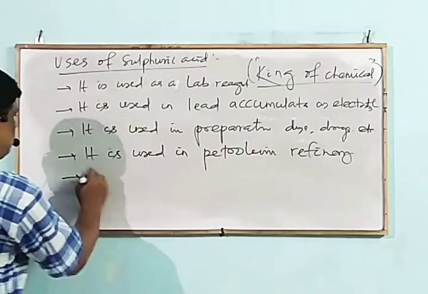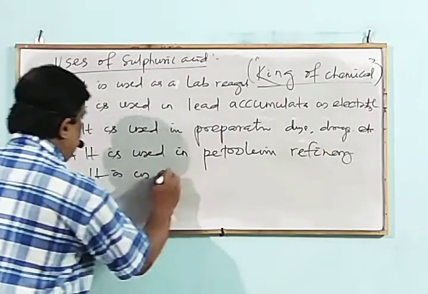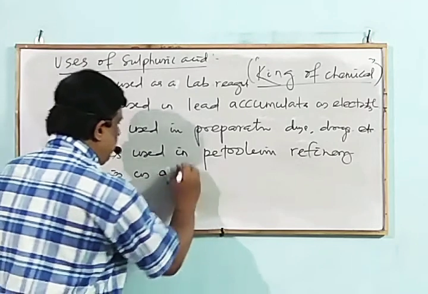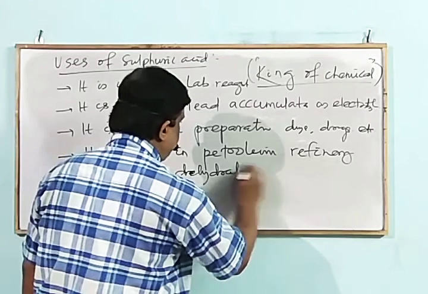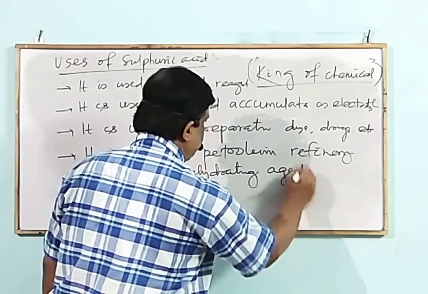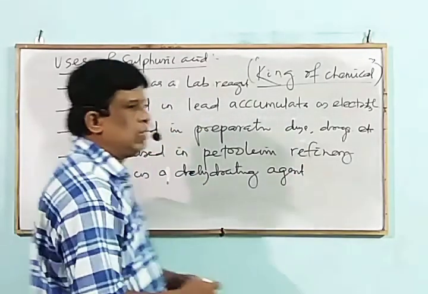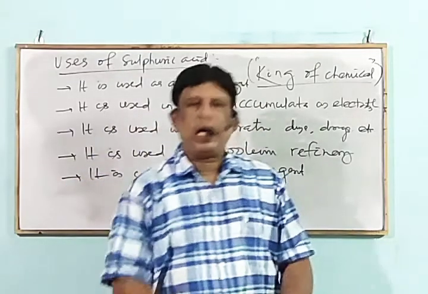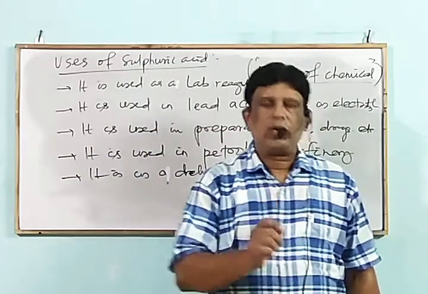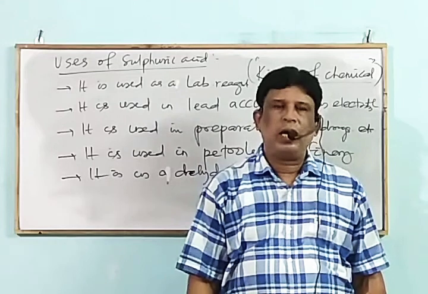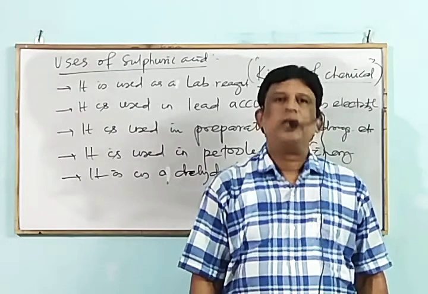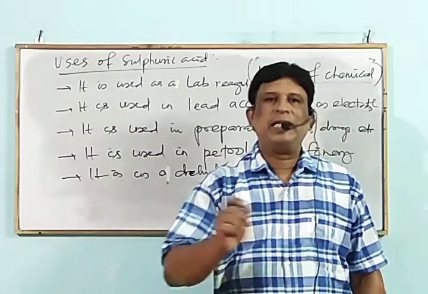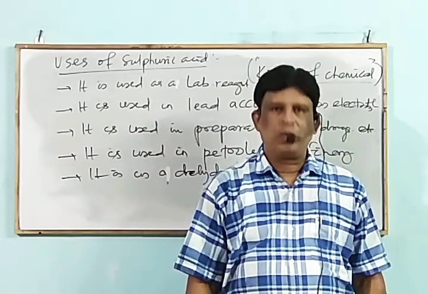It is used as a dehydrating agent. So many uses are there. Due to its vast application, sulfuric acid is otherwise known as the king of chemicals. It is all about the chapter Group 16 elements, or the oxygen family.